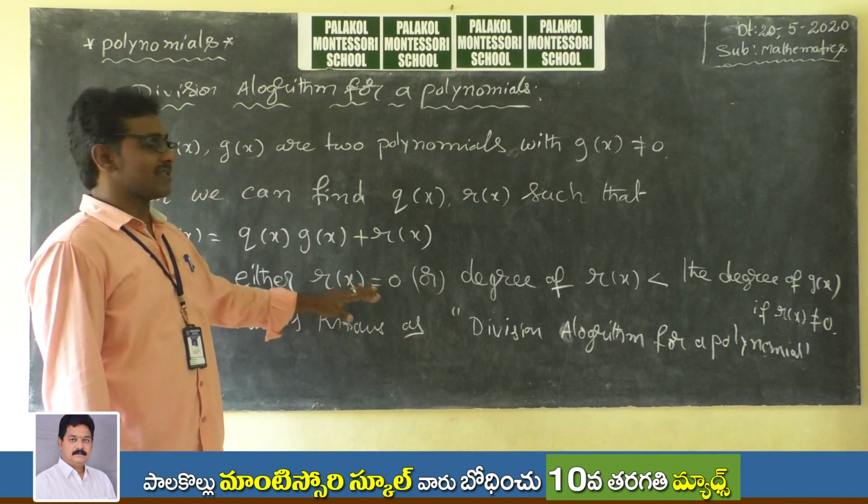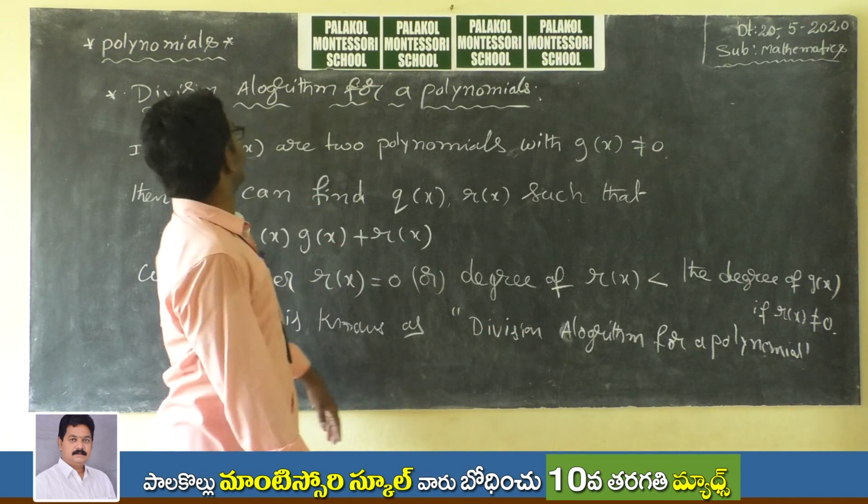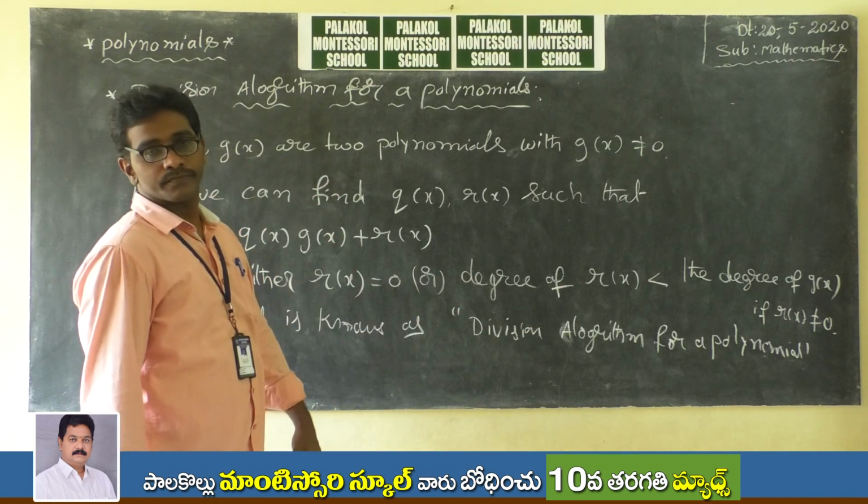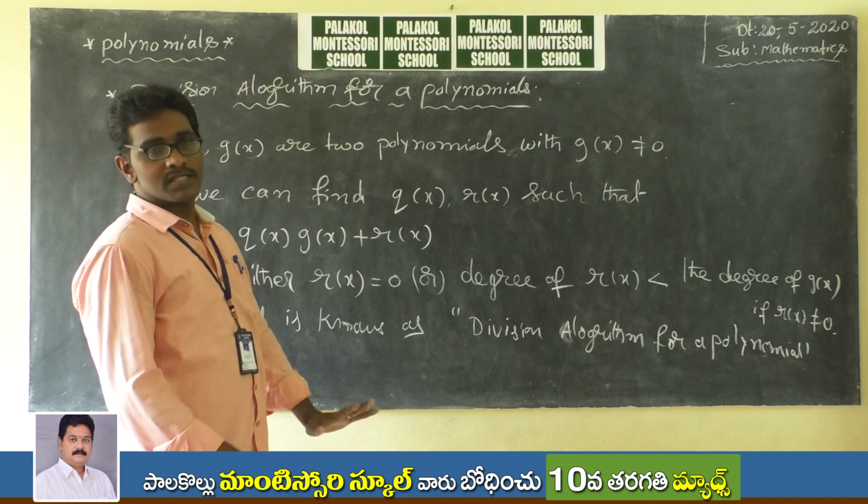That result is known as the division algorithm. I do one general sum.